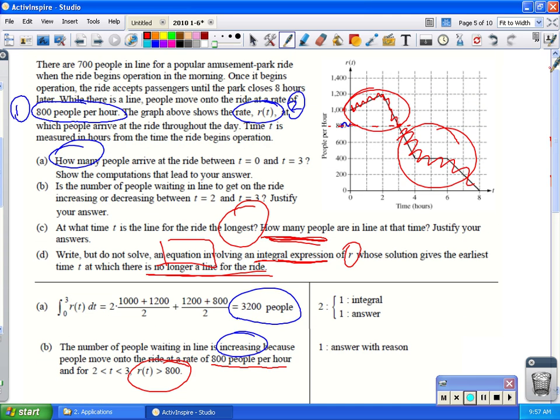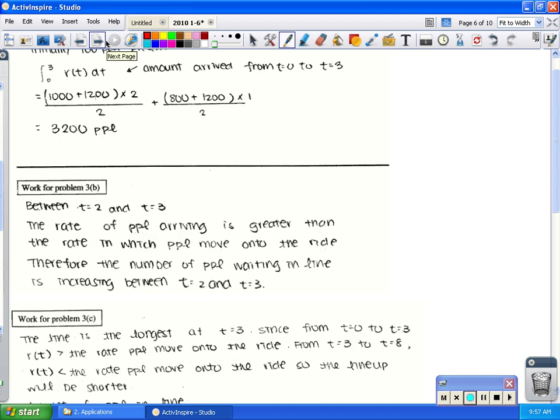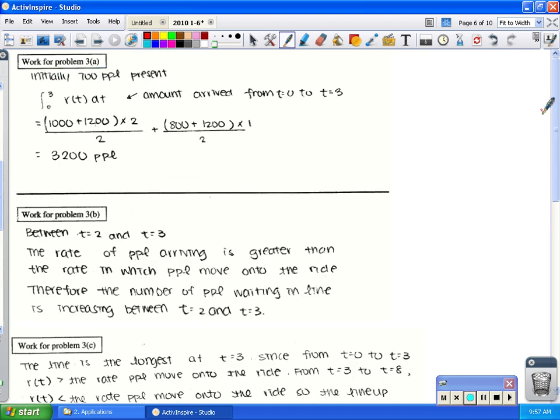Okay, let's go on to the next question. I might have time to get one more in. Okay, showed you some student work. This person scored a 9. So I just want you to take a look at how a student wrote the answers to these problems. So part A, that one's pretty straightforward.